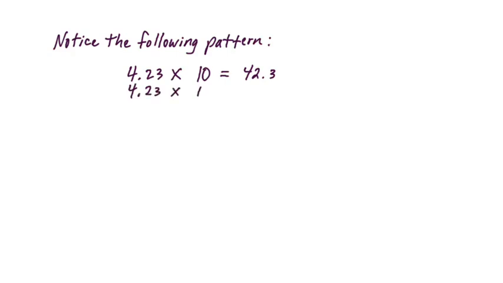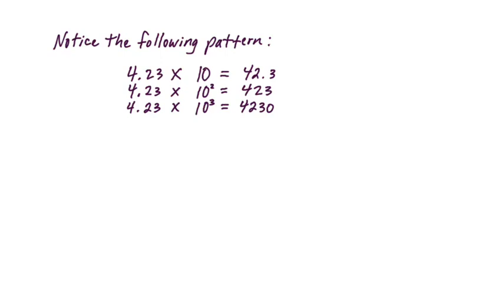If you multiplied 4.23 times 10 squared, 10 squared is 100. 100 times 4.23, you get 423. If you multiplied 4.23 times 10 cubed, that would be 1,000 times 4.23, and you would get 4,230.